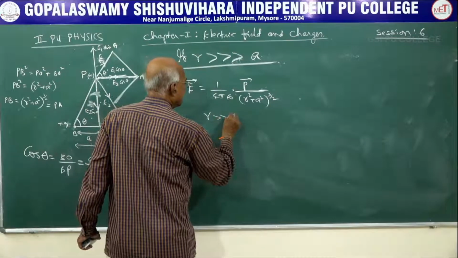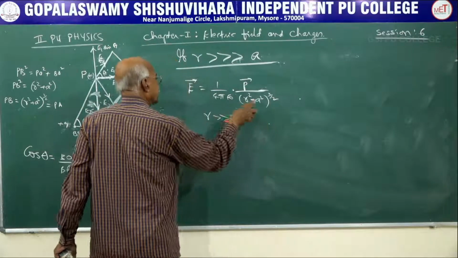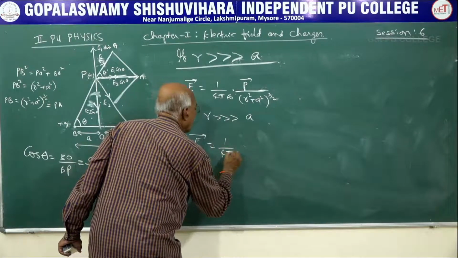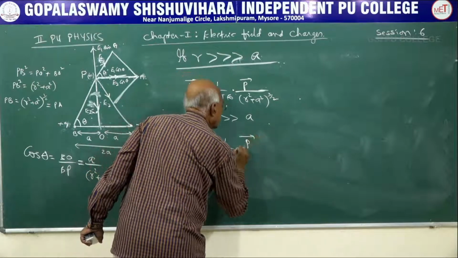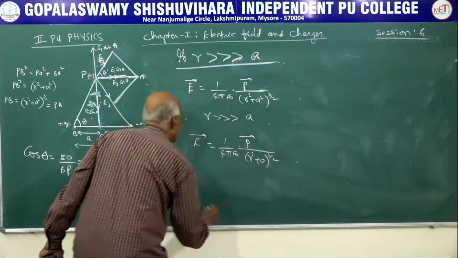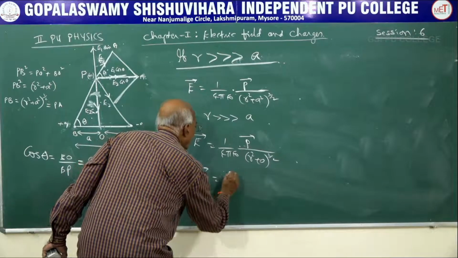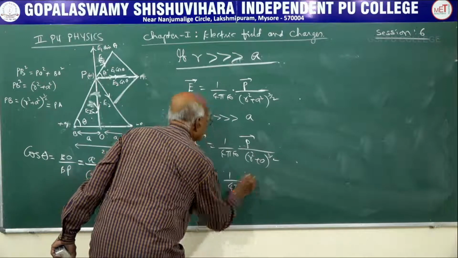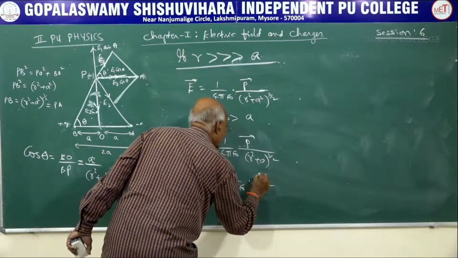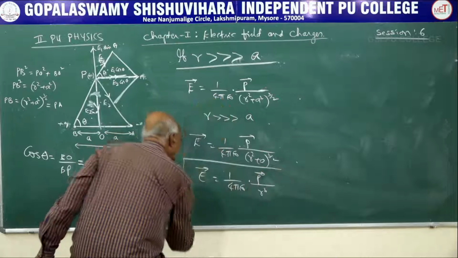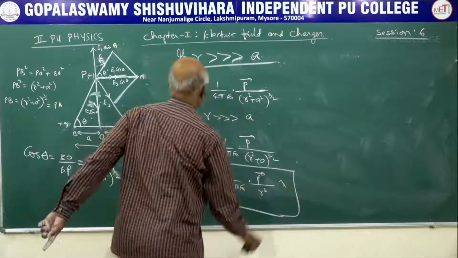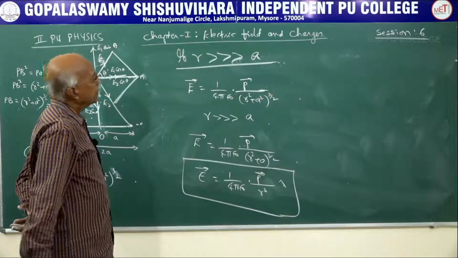When R is very much greater than A, A can be left out. Therefore E is equal to 1 over 4 pi epsilon naught, P divided by R square plus 0 to the power of 3 by 2. E is equal to 1 over 4 pi epsilon naught vector P divided by R to the power of 3. In vector representation, this can be written with the unit vector R. So this is the expression that we will be remembering.